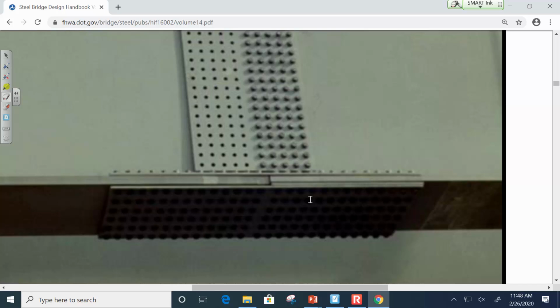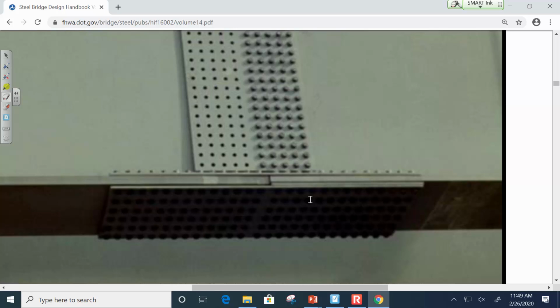Well, if you want that to be flat, what do you do? You stick a little 1/4 inch filler plate in here so that when you connect them, it comes out flat. Does that make sense? That's what a filler plate is. A filler plate is when you're trying to connect one element to another and they're of different thicknesses. You put another plate in there so that the thicknesses match up. Does that make sense?